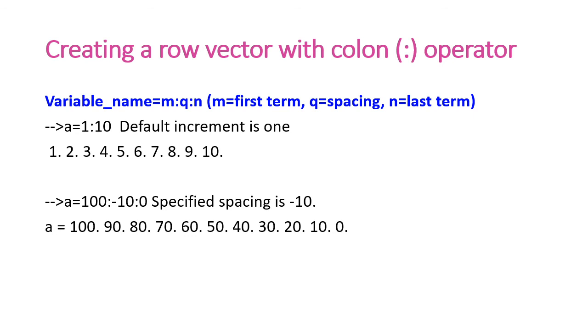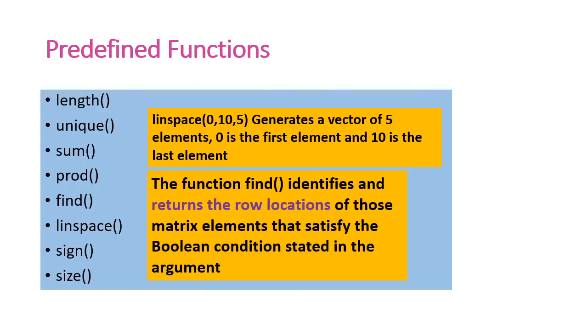In the second example, A is equal to 100 minus 10 to 0. So the starting value here is 100 and it is going to be decremented by minus 10, that is the spacing, and it will stop at 0. So the last term is 0 here. So the sequence will produce 100, 90, 80 and goes on till 0.